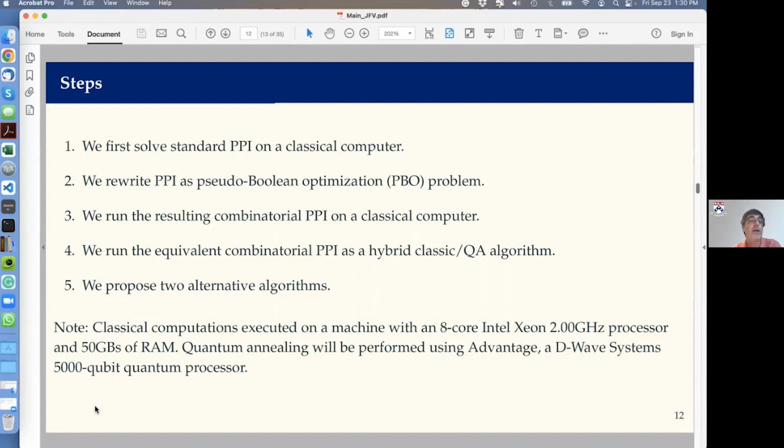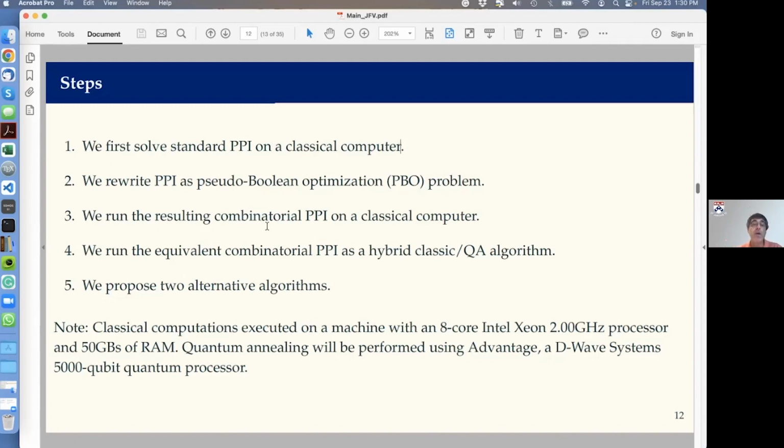Why are we doing that? Because in that way, we have the standard PPI on a classical computer and the combinatorial PPI on a classical computer, and I can ask how different are the two solutions? How much am I losing in terms of accuracy from moving from a standard PPI to a combinatorial PPI? And our answer is going to be not a lot. So a combinatorial PPI is a good way to think about a standard PPI.